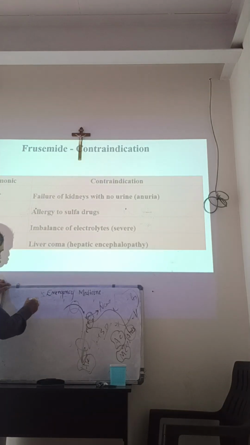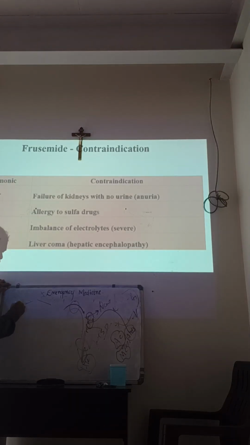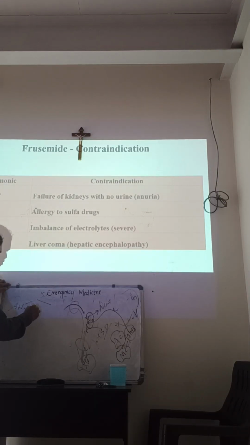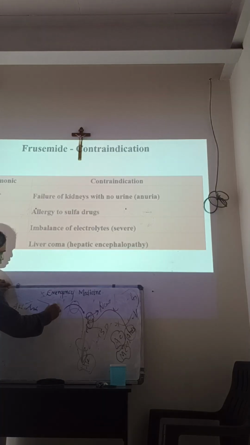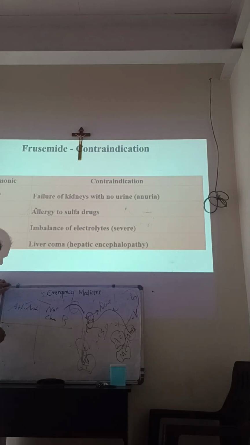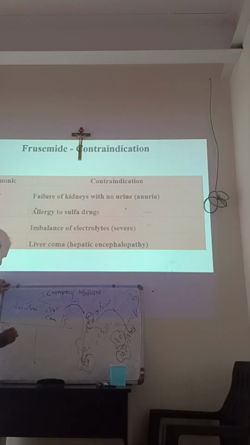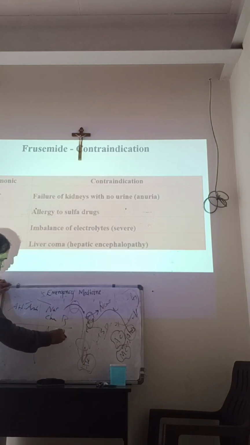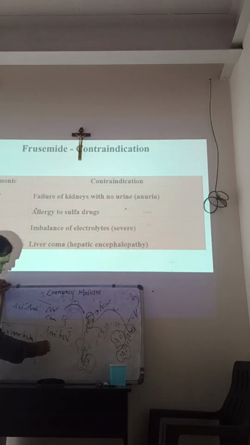We have two groups. One is called aldosterone antagonist and the other sodium channel blocker. Aldosterone antagonist, the drug name is spironolactone. The sodium channel blockers are amiloride and triamterene.